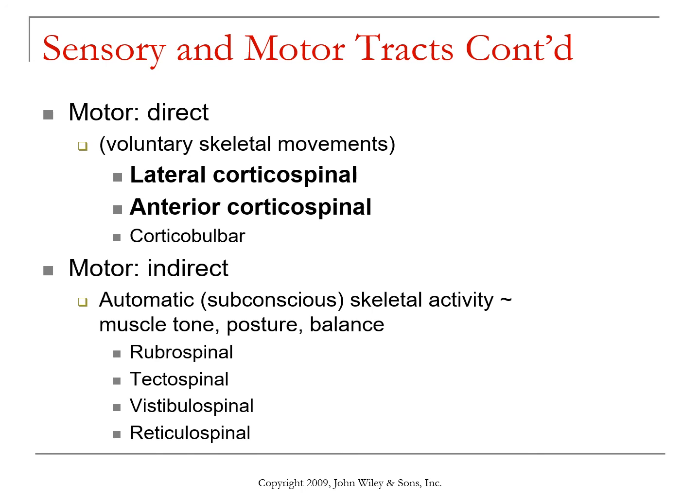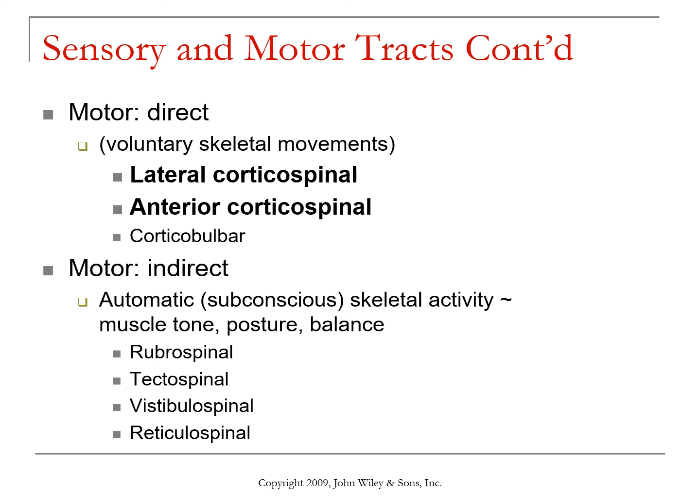We also have indirect motor tracts, which provide automatic or subconscious control of skeletal muscle activity related to things that we are not aware of but require skeletal muscle tone. So these include posture and balance and just stimulation of the muscles to keep them firm and prevent degeneration. So that's muscle tone.